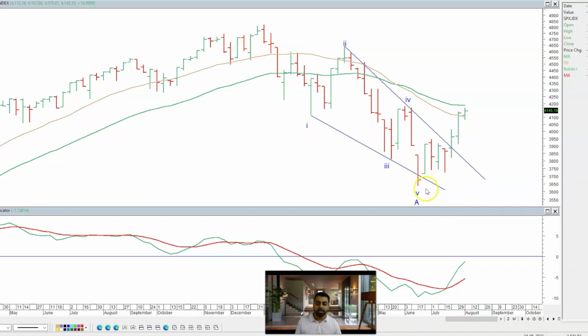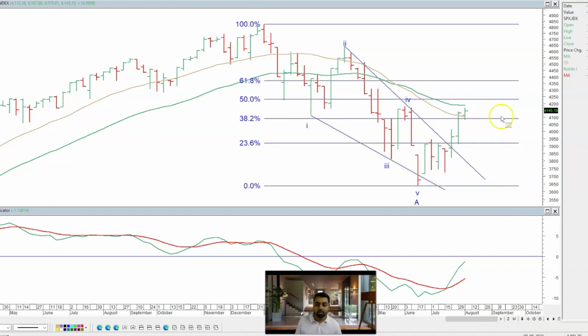But in this case, just to be on the conservative side, you can take this fall as wave A. Now the pullback typically retraces back to the high of wave 4, and S&P has almost retraced back to the high of wave 4. The 40-week exponential average is at 4187, and in terms of retracement, it is very near to the 50% retracement mark.